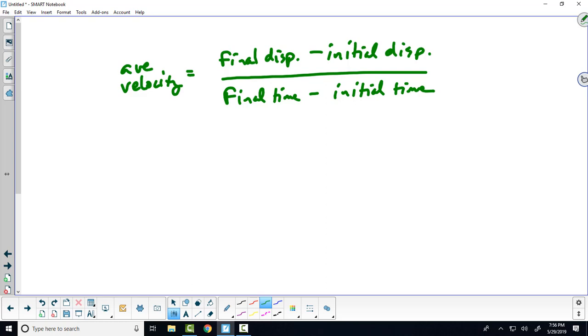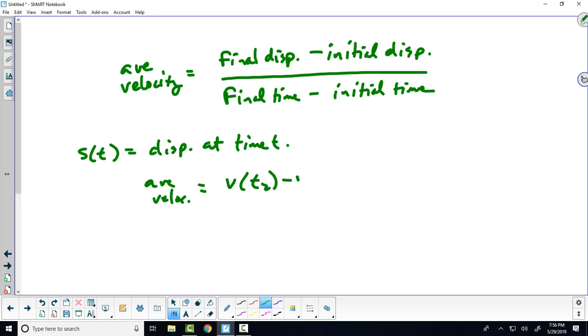More specifically, if s of t is the displacement at time t, then we could say that the average velocity is equal to v of t2 minus v of t1 all over t2 minus t1.